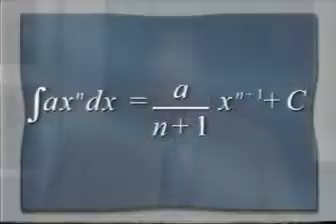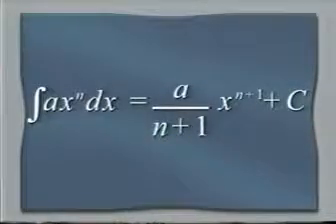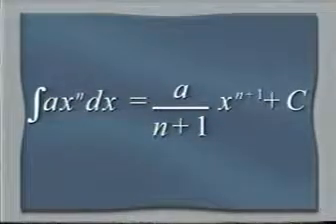We can generalize from our knowledge of derivatives to state that the indefinite integral of any function of the form ax to the n, where a is a real number constant, and n is an integer, and a positive integer at that, in terms of what we know so far, it turns out n can be any real number.